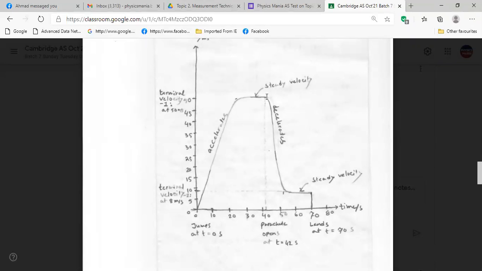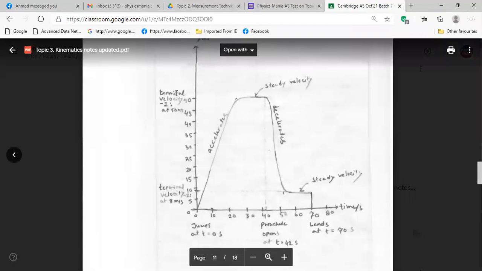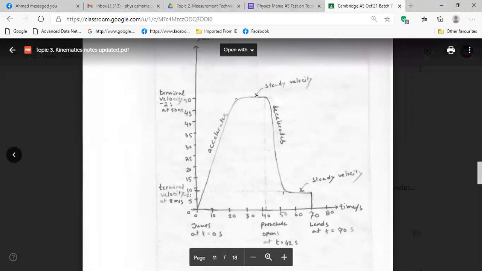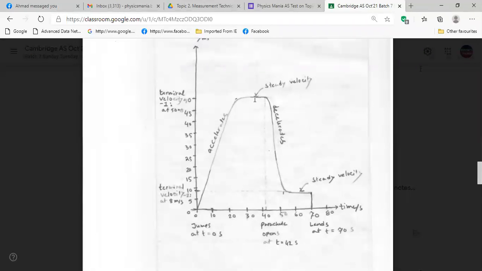and at one stage, after 42 seconds, you see it's written here, the parachute opens at t equals 42 seconds. The skydiver jumps at time t equals 0 seconds, and here terminal velocity 1, that is 50 meters per second.